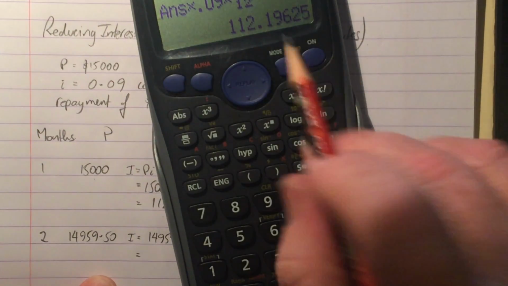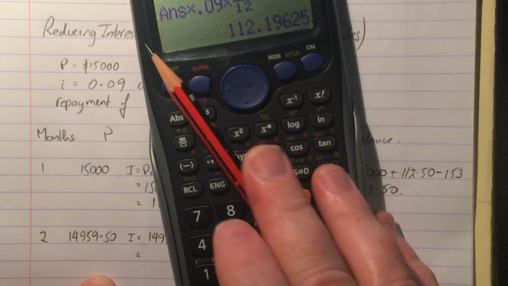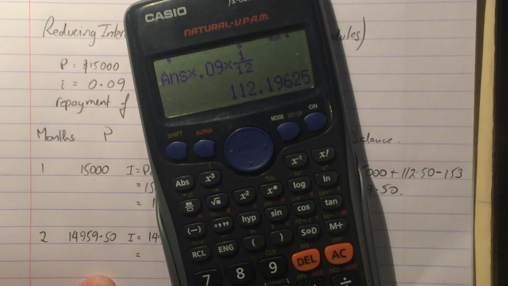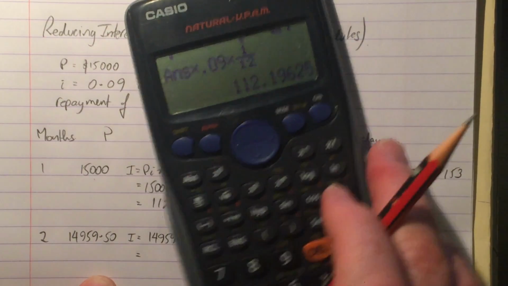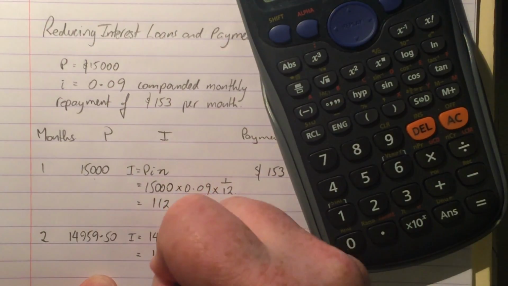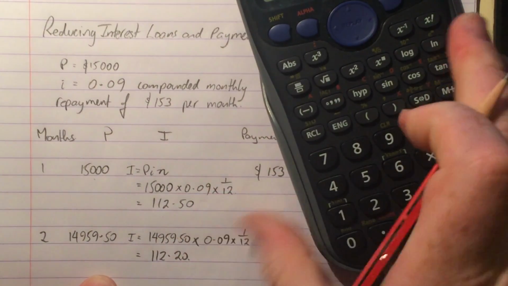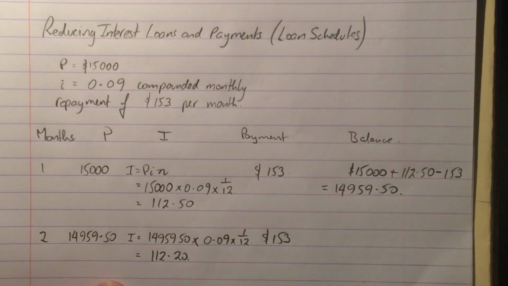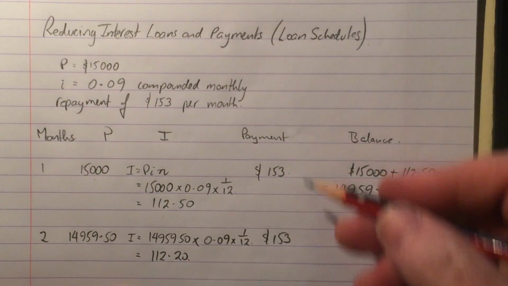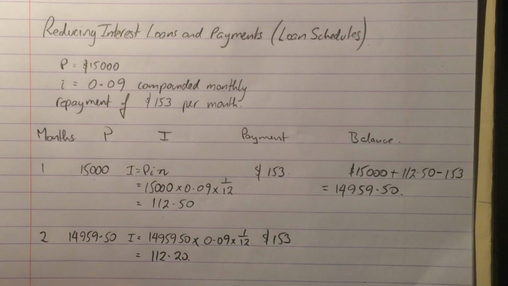So we'll get $112 and 19.6 will round up to 20 cents. The payment amount will be the same, $153. It'll be $153 all the way through.